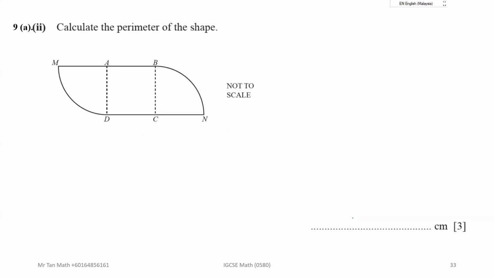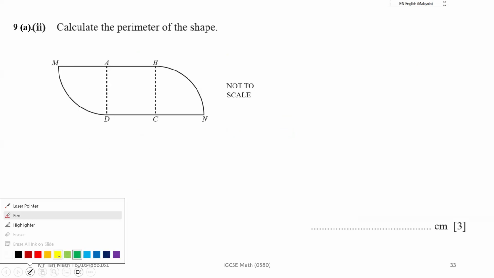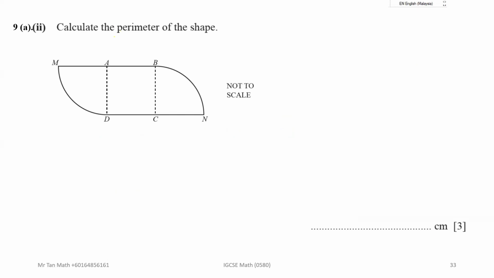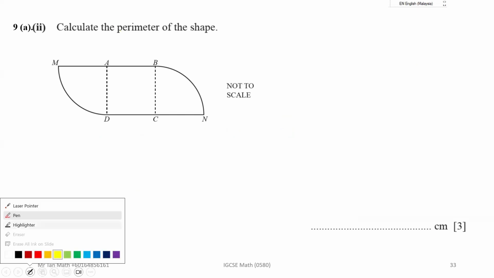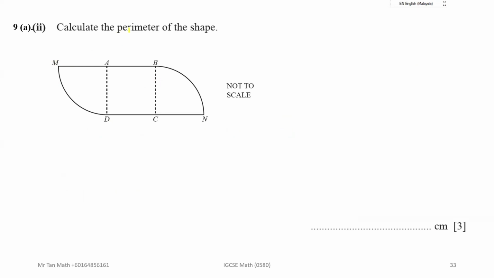Okay, B, calculate the perimeter of the shape. First we need to know where the perimeter is. Here, I will use a different color.